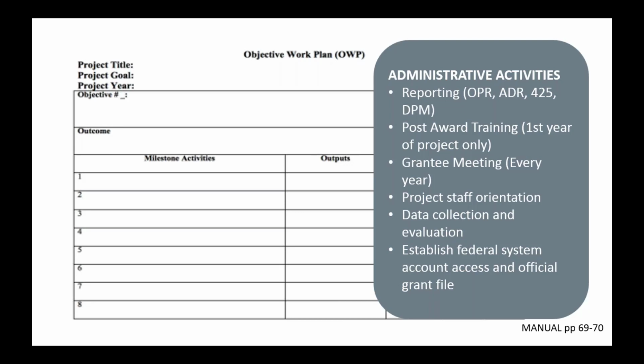As a result, after one OWP is complete for each year of the project, you will have up to the 25 activity limit, plus up to an additional 6 administrative activities for a total of 31 activities. This total may differ in year 2 and 3, as post-award training and staff orientation, for instance, may no longer be required in years 2 and 3.